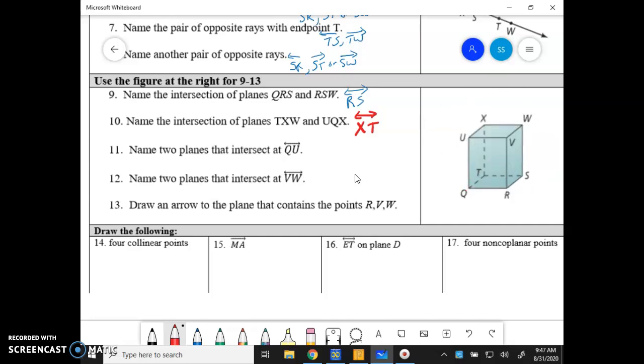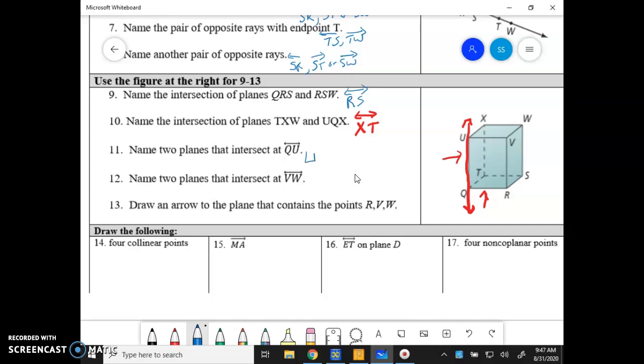Name two planes that intersect at QU. QU, so that is right here. So what two planes intersect there? It looks like it would be this side plane and this front plane. And so we can label that any way you want. Just use 3 of the points.